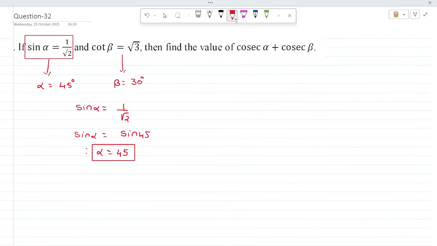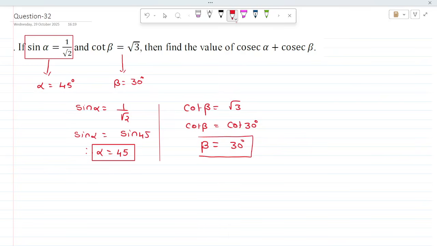Clear? Similarly, what is the second one? Cot beta is equal to root 3. Cot 30 degrees is root 3. So on comparison, beta is equal to 30 degrees. Is it clear? Now, what is asked to find?